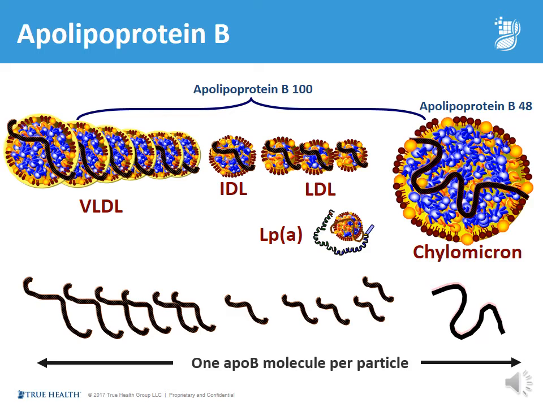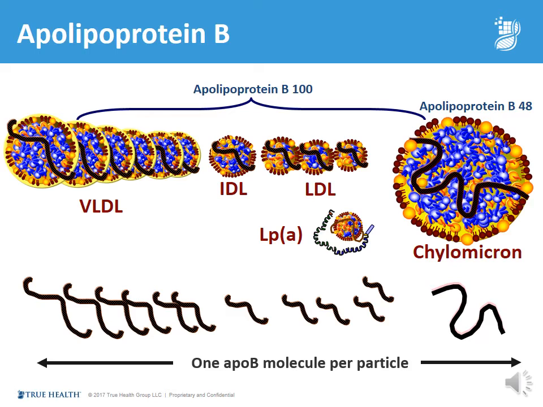Now, of course, an Lp little a particle is an LDL variant, so every Lp little a molecule has one ApoB on it. So in persons with a lot of lipoprotein little a particles, that would also contribute to an ApoB level, period.